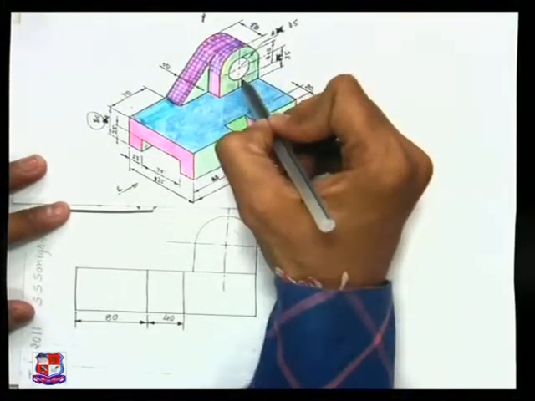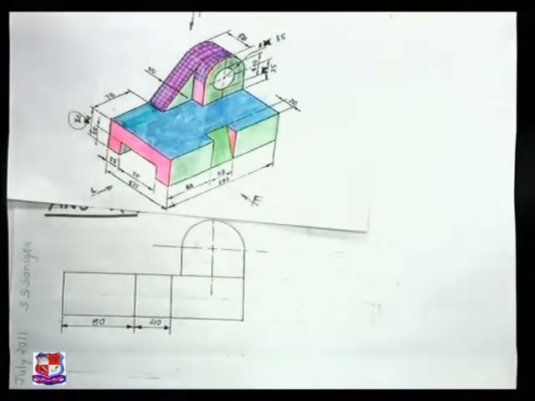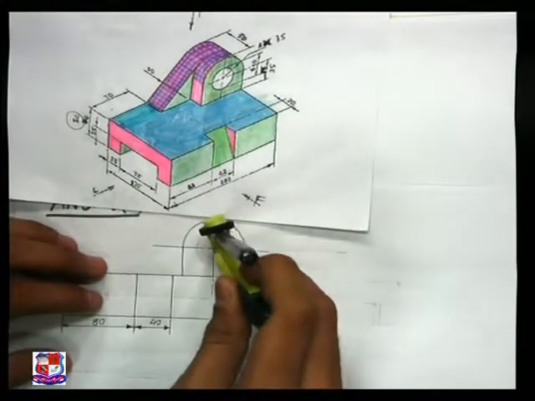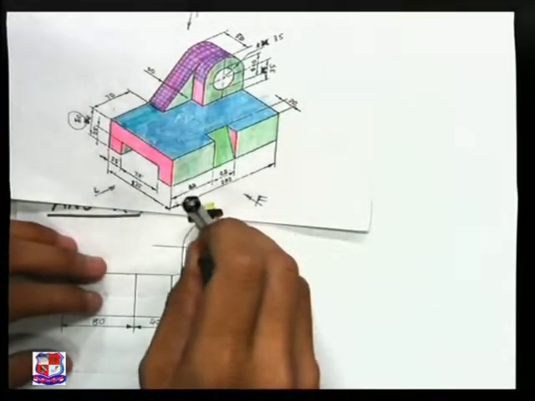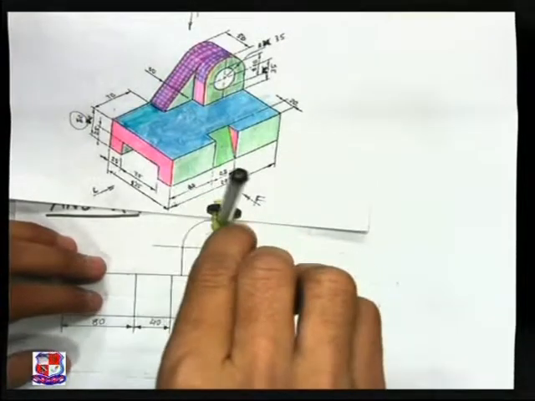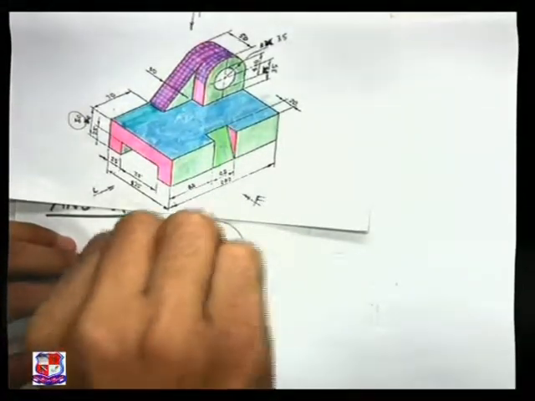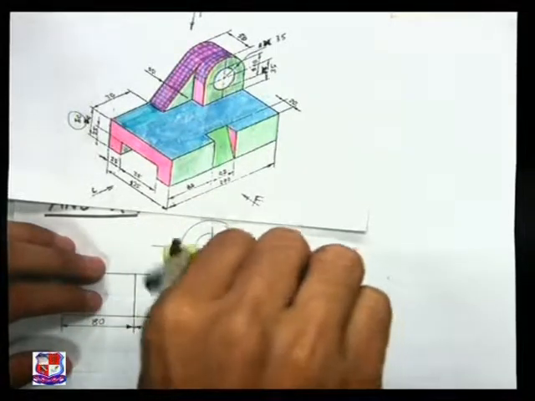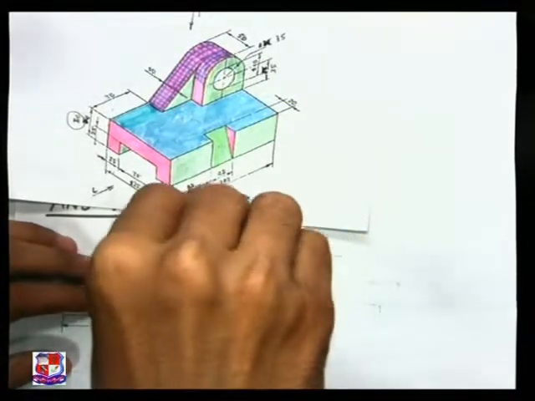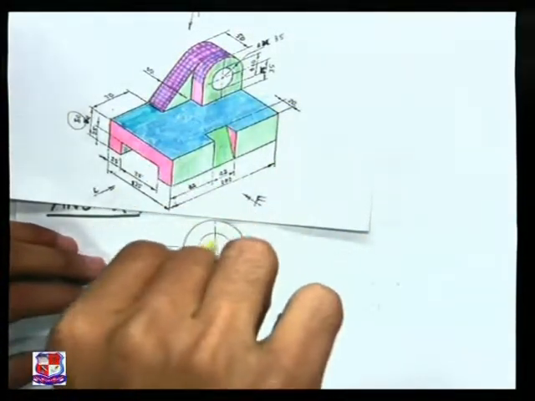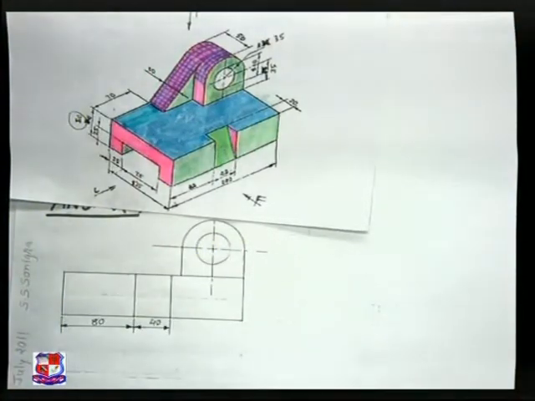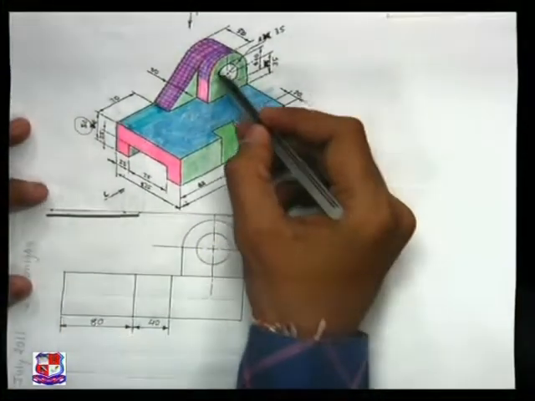Ø40 is written, means diameter is 40. So draw another circle having diameter 40 mm or radius 20 mm inside this arc, and the center lines of the circle and arc are both alike, both are similar. So now we have drawn this portion as well.